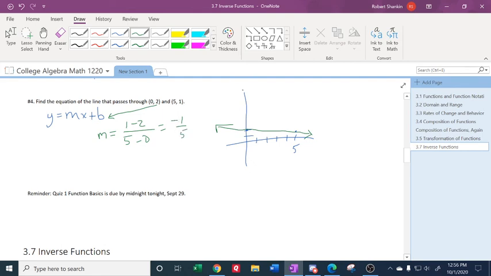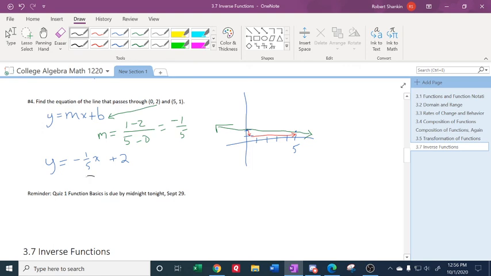That makes sense when we look at the picture. If you go from this point to this point, you have to go down 1, and then to the right 5. And so y equals negative 1/5 x plus 2 is the equation of the line that passes through these 2 points.